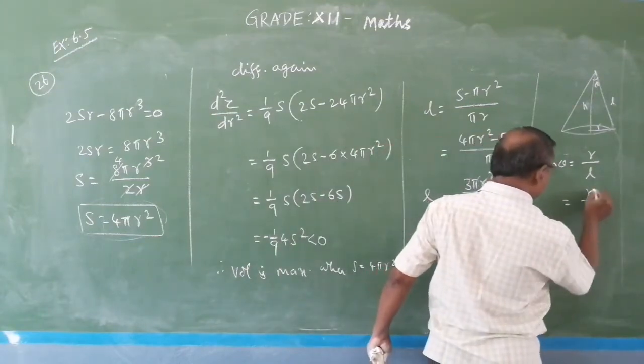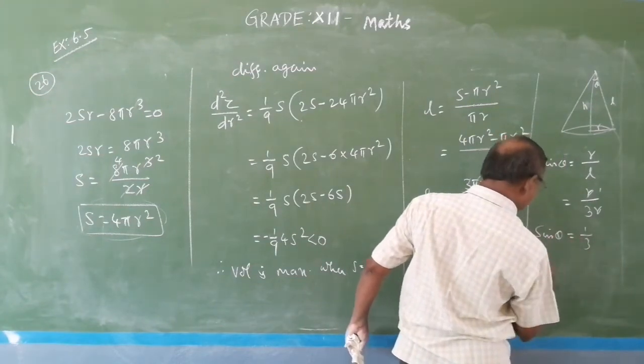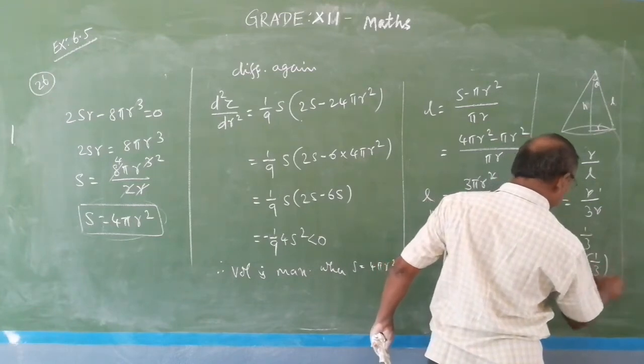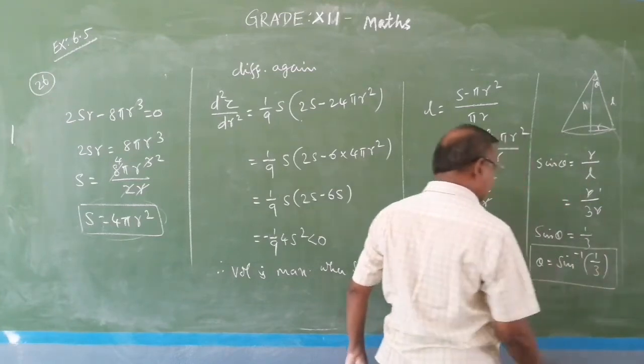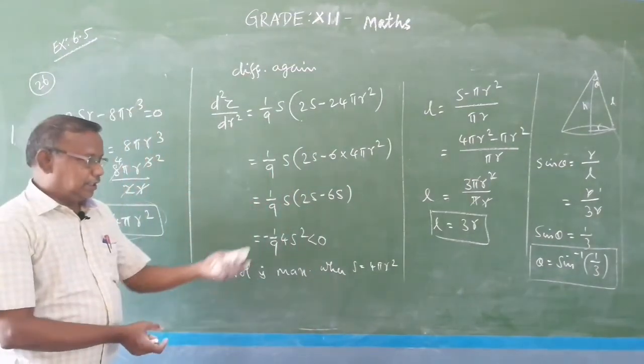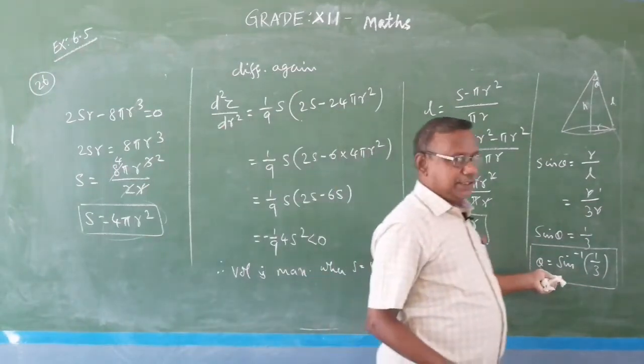So sin theta equal to 1 by 3. So theta equal to sin inverse of 1 by 3. When the volume is maximum for a right circular cone, the semi vertical angle theta is sin inverse of 1 by 3.